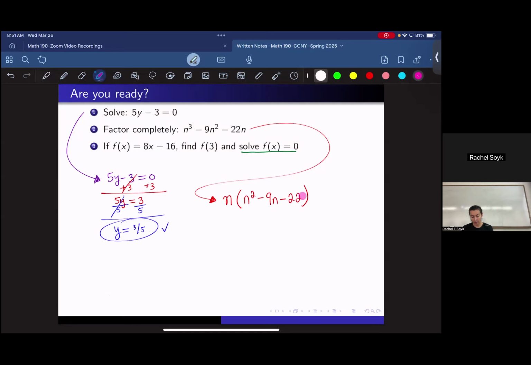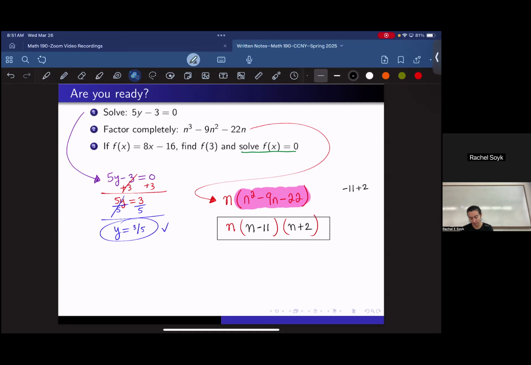And then we can actually now factor what we have inside these parentheses into 2 binomials. What are factor pairs of negative 22 that add to negative 9? We have a negative 11 and a positive 2. So we're really just looking at n minus 11 and n plus 2 for our fully factored form.